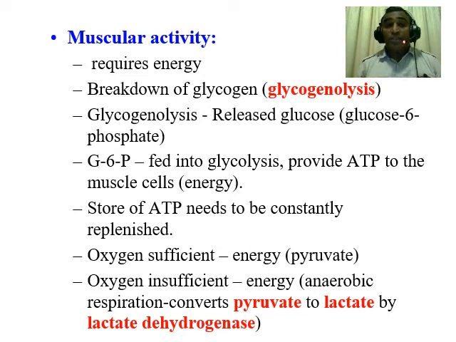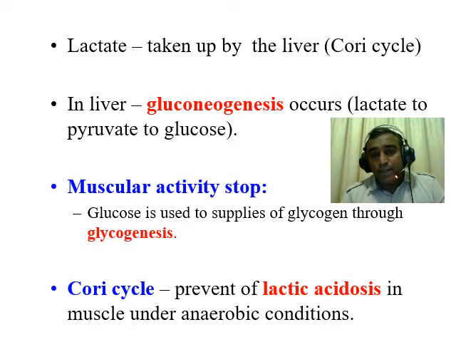The fate of the lactic acid is to go back to the liver and be converted to glucose. Here, referring again to the lactic acid that is made in the muscle cell, being brought to the liver by this Cori cycle, lactate becomes pyruvate and then becomes glucose with several steps in the gluconeogenesis pathway.